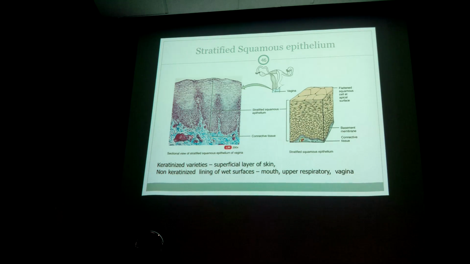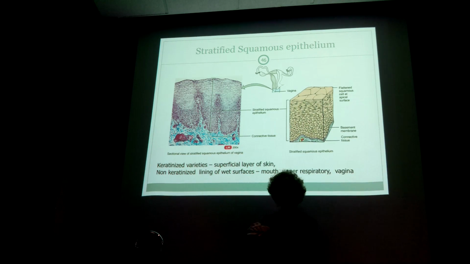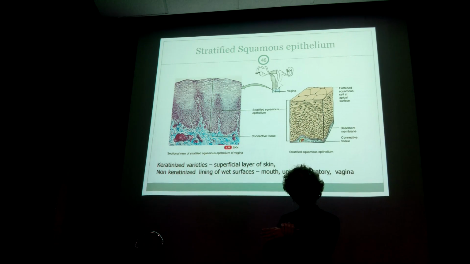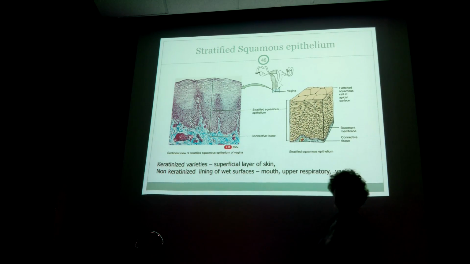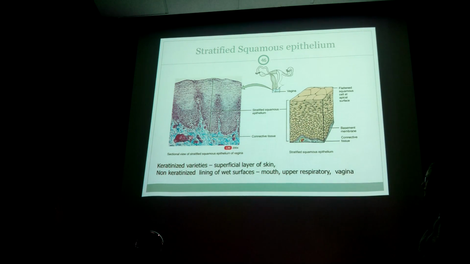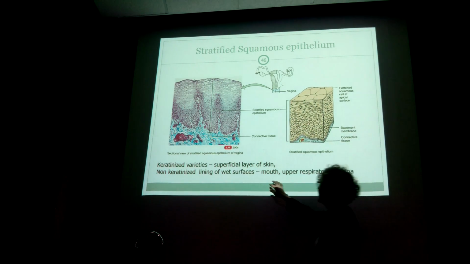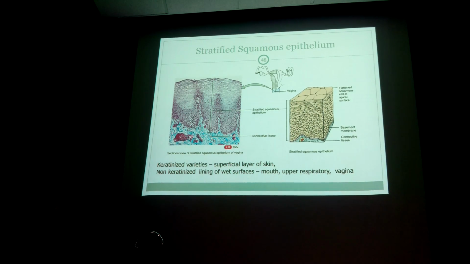It gives a little bit harder shell to the epithelium, would be the best way to describe when something is keratinized. So something can be keratinized like the superficial layers of the skin, so we have a little bit more protection, a little tougher. Non-keratinized would be where there's no keratin. And we would see that in these regions of the body.